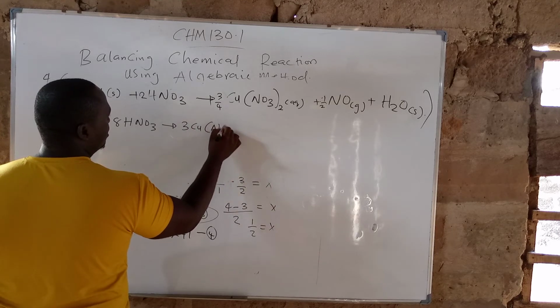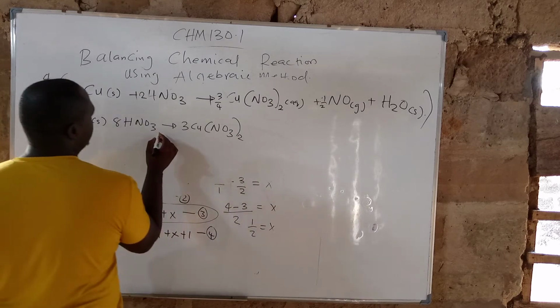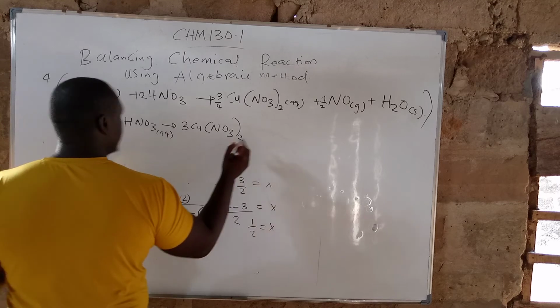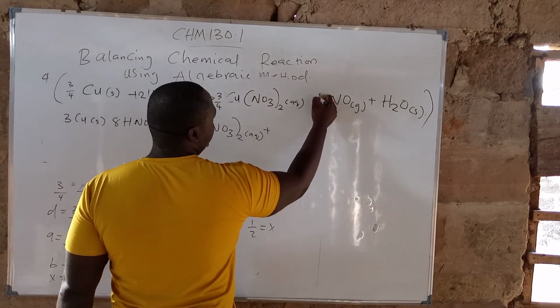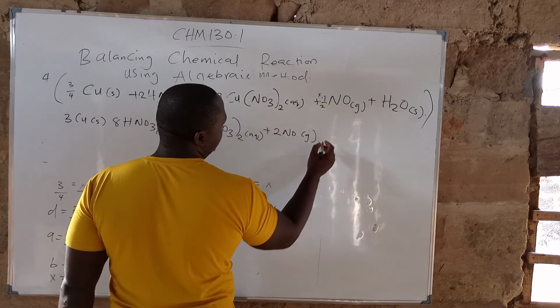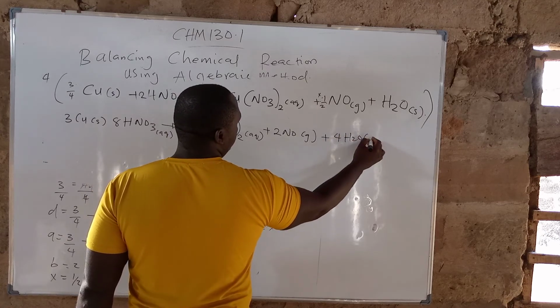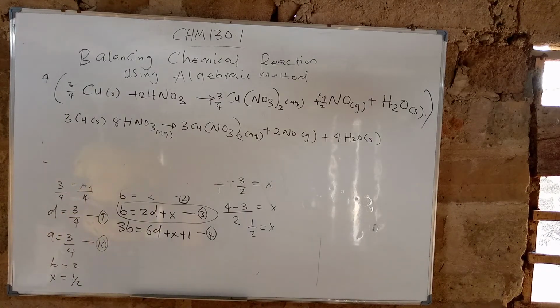Cu(NO3)2. Remember here is aqueous. This place is also aqueous. So 4 into this place, this should give you 2 NO gas plus 4 H2O in liquid, right? And so the equation is balanced.